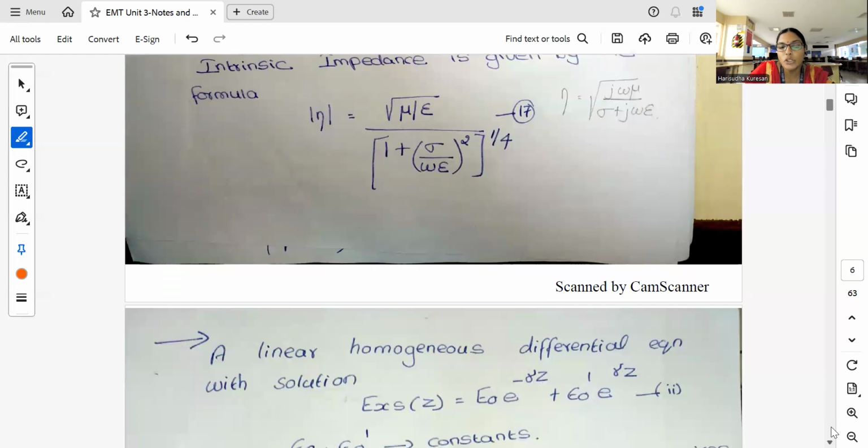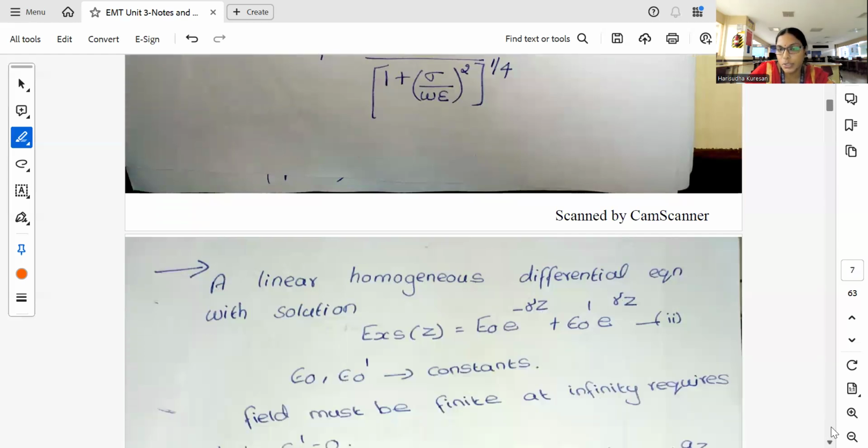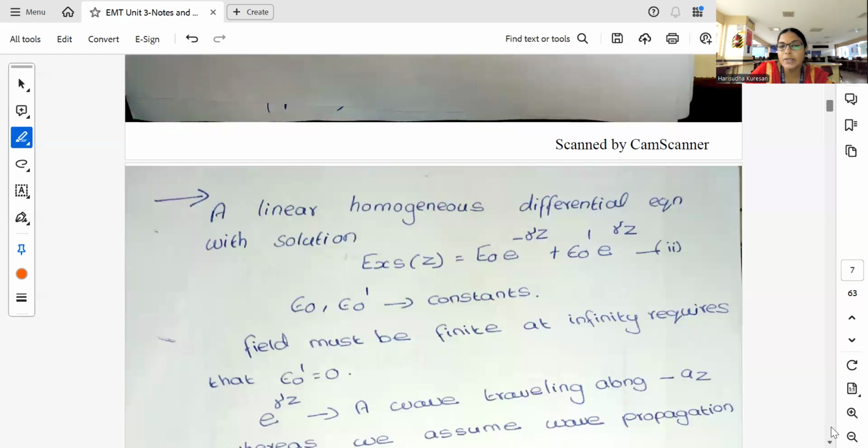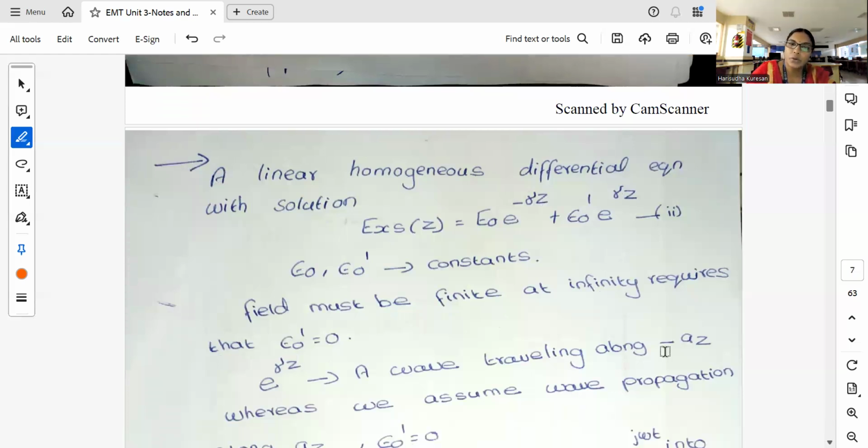A linear homogeneous differential equation has a solution which can be written as Ex(z) = E0 e^(−γz) + E0' e^(γz), where E0 and E0' are constants.